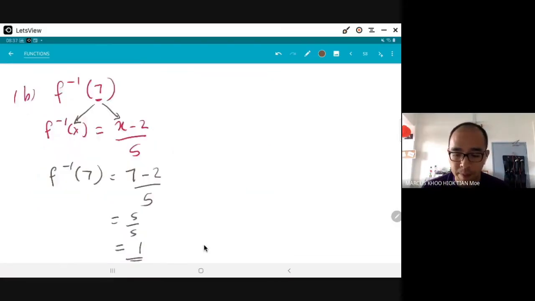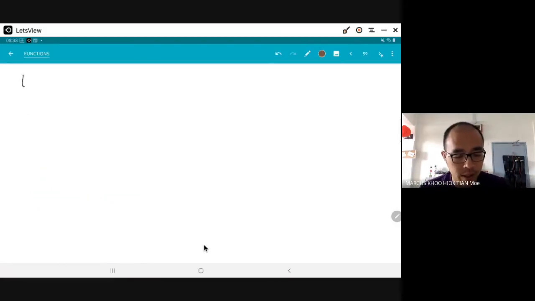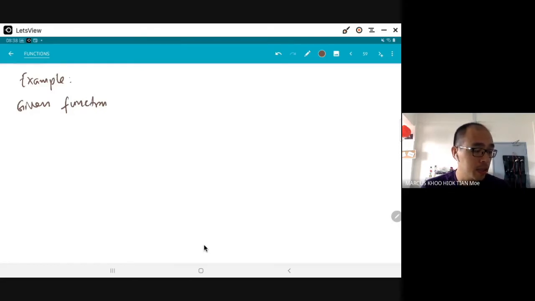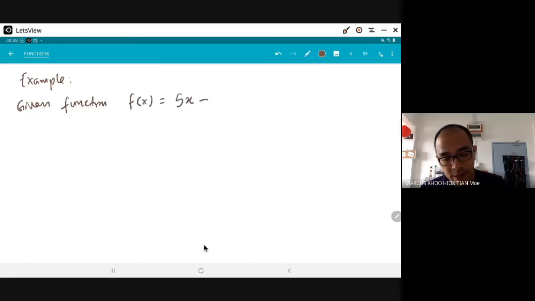Okay, let me give you another one, and I want you to try this on your own. Same thing. Given the function f(x) equals 5x plus 12. Question A, find the inverse function of x.